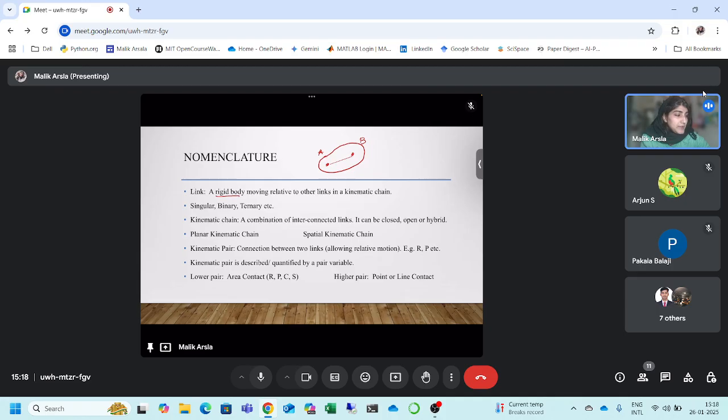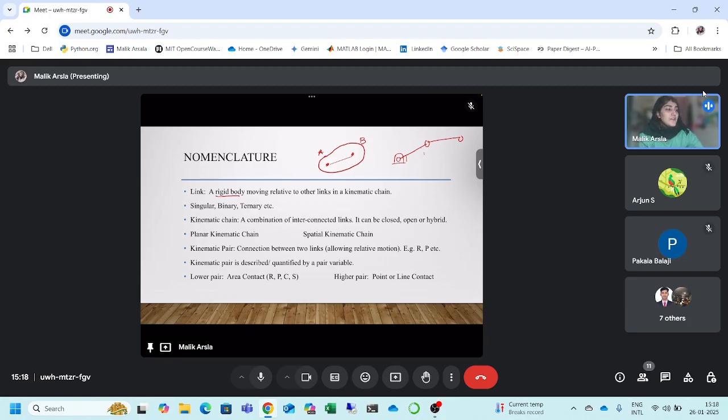Say, for example, as you must have studied through the week, given a mechanism, how do we differentiate between two links? How would we say that this is one link and this is another link? Basically, when there are two links, we know that if we give a motion here, this will move as a complete body.